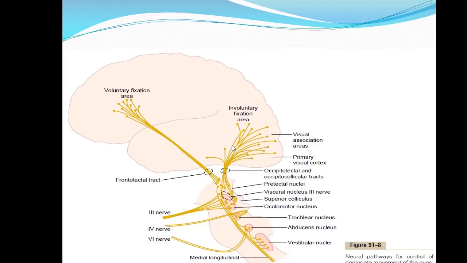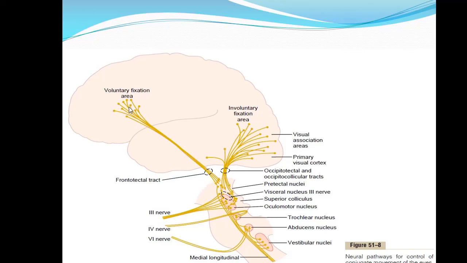And the other area in the brain which exerts influence on the extraocular movements is the involuntary fixation area, which is present in the visual association area, that is the occipital cortex. So it forms the occipitotectal and the occipitocollicular tract.